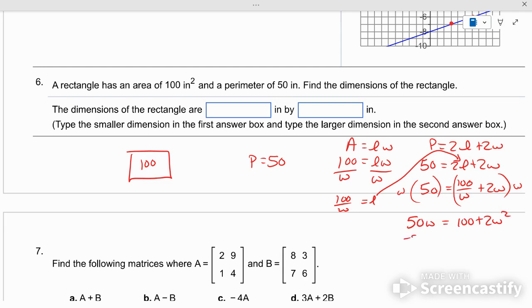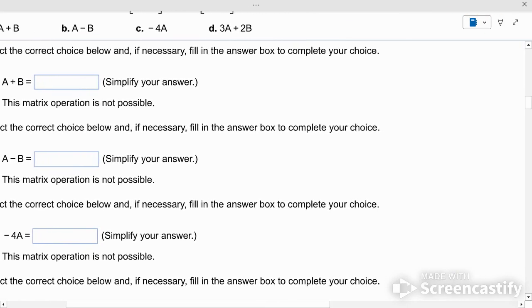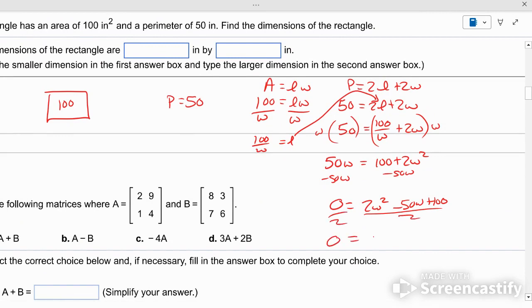And then if I subtract 50W from each side and reorder it, I get 2W squared minus 50W plus 100 equals 0. Then just divide by 2. W squared minus 25W.